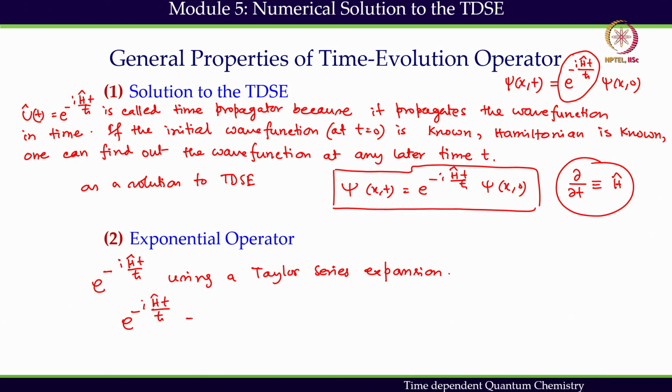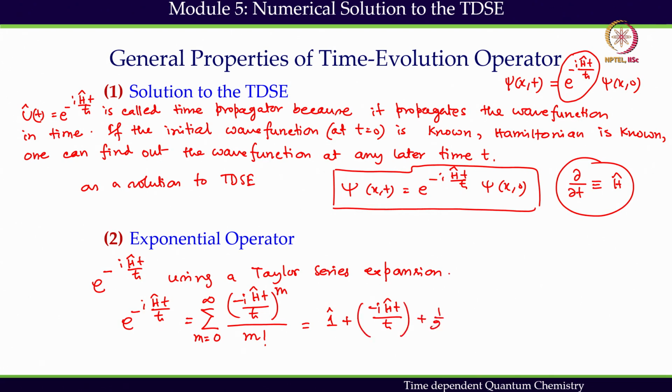This is nothing but the summation of m equals 0 to infinity of (minus i H t by h cut) to the power m divided by m factorial, which is 1 plus minus i H t by h cut plus 1 by 2 (minus i H t by h cut) whole square, like this.